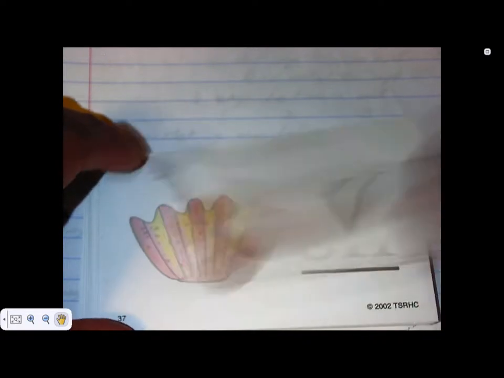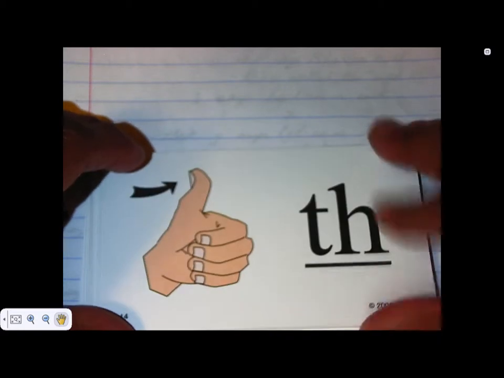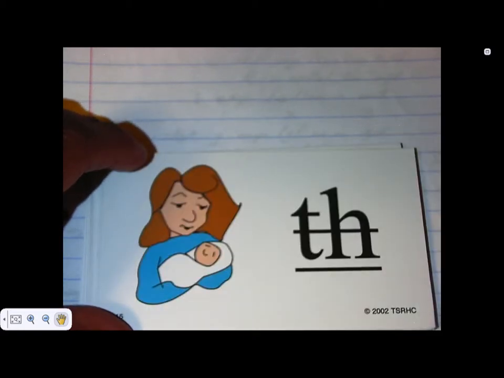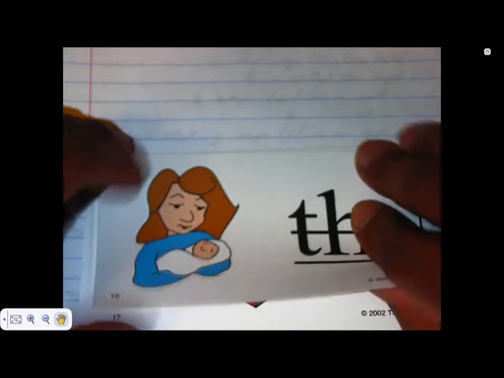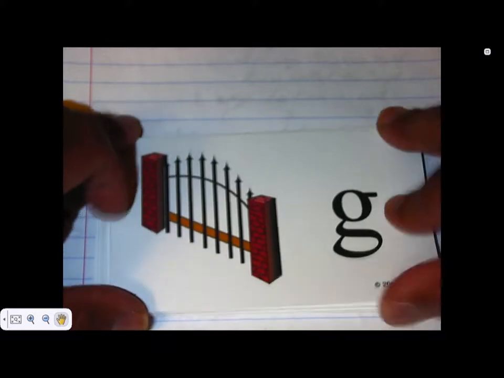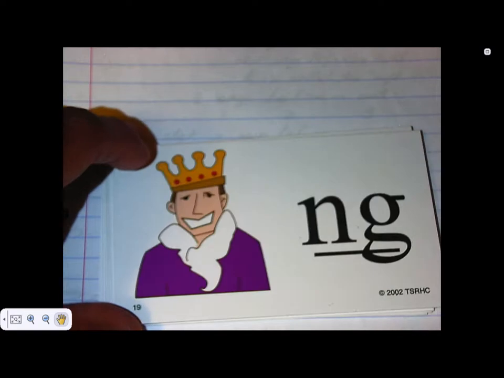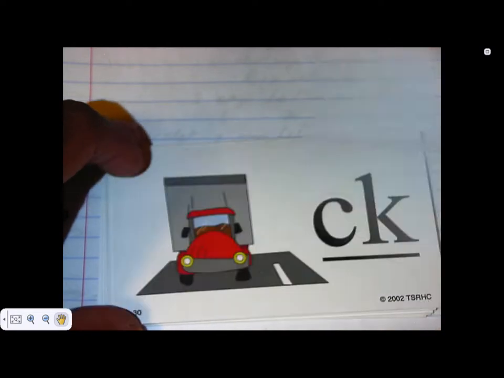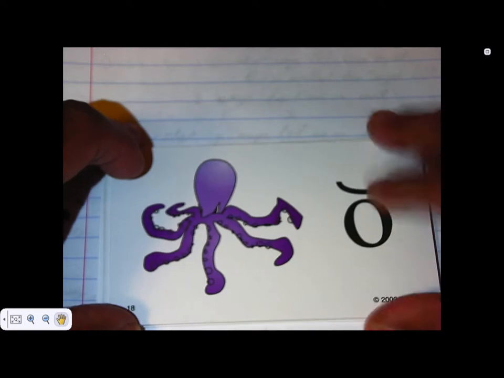Violin, V. Shell, sh. Thumb, th. Mother. You should be saying this with me, don't forget. Gate, G. Elephant. King. Truck, K. Octopus.